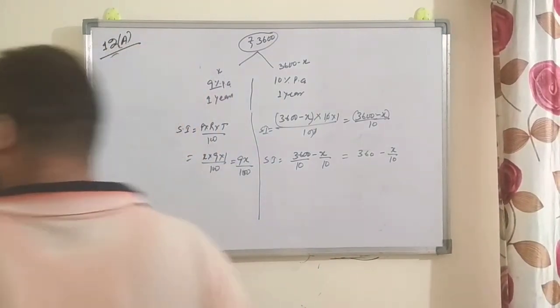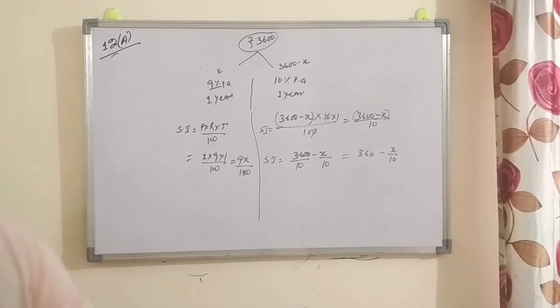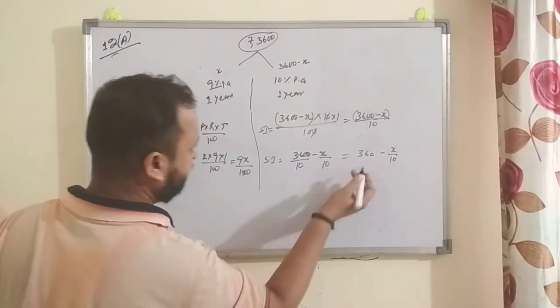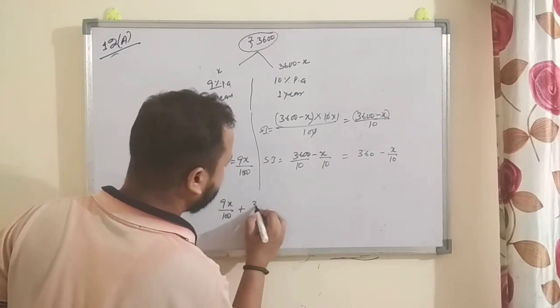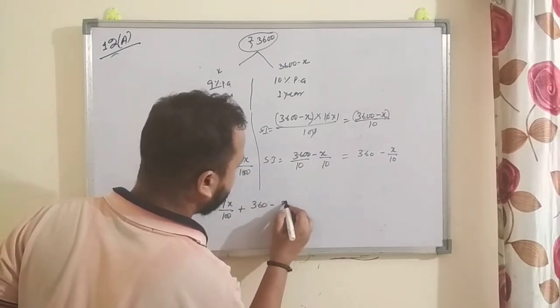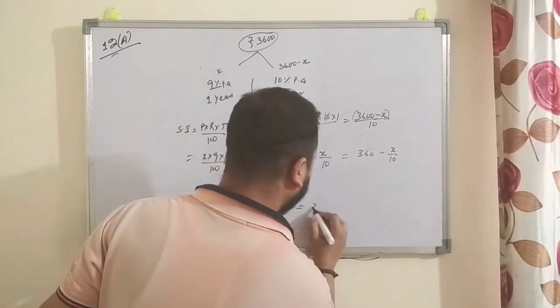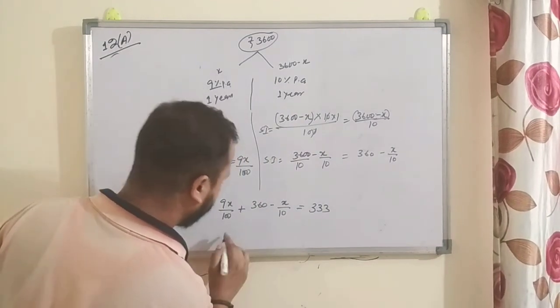And it is written as total annual income is 333. So it means the sum of these two simple interests is 333. So 9x by 100 plus 360 minus x by 10 is equal to 333. So take the LCM here.